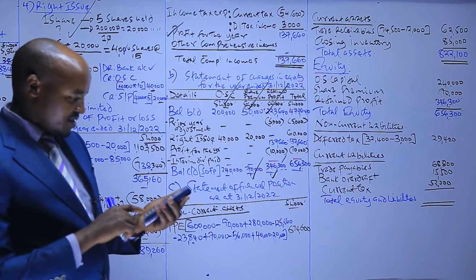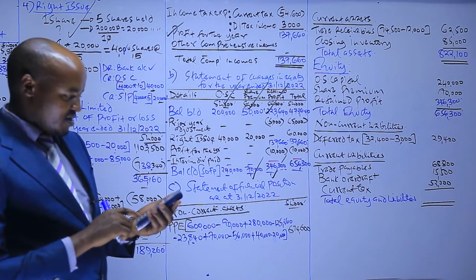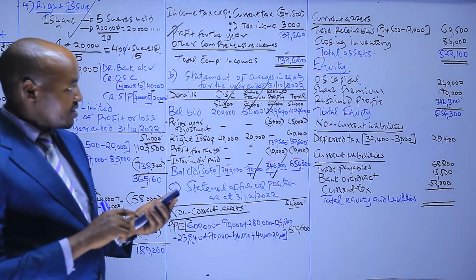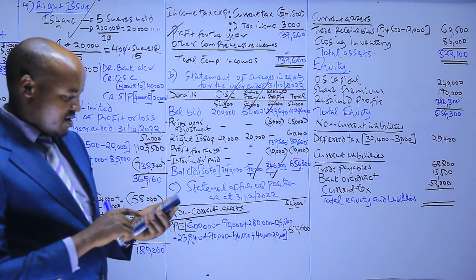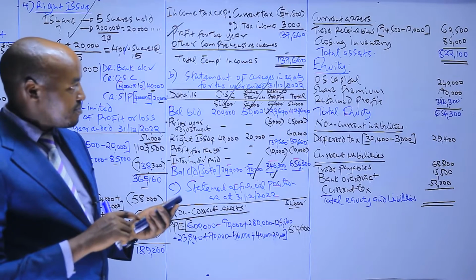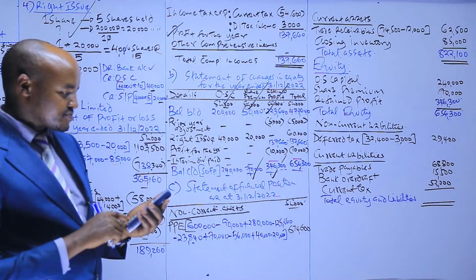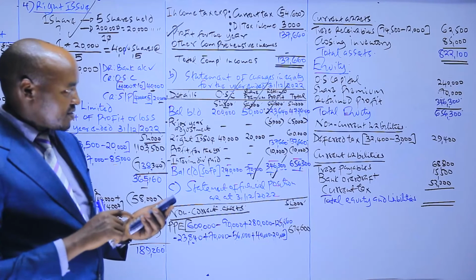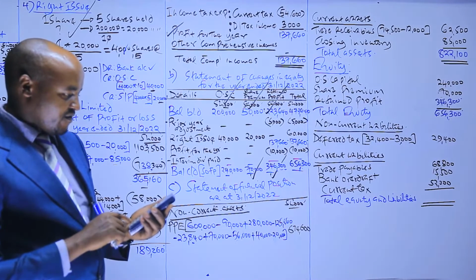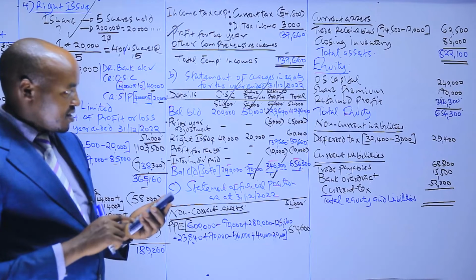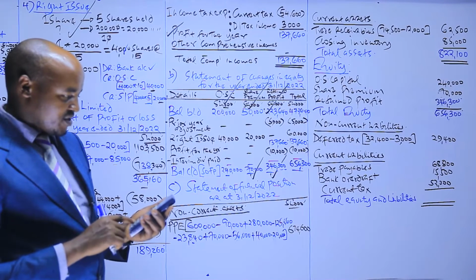We start from equity there, 656,300 plus 29,400 plus 68,800 plus 15,500 plus 52,000.